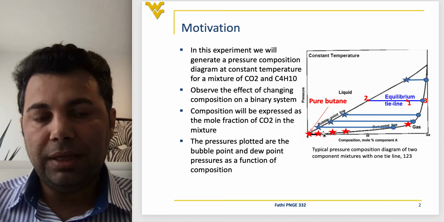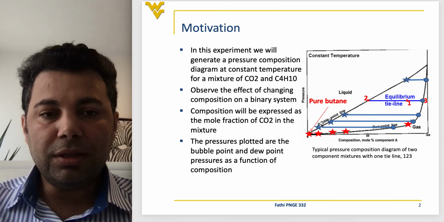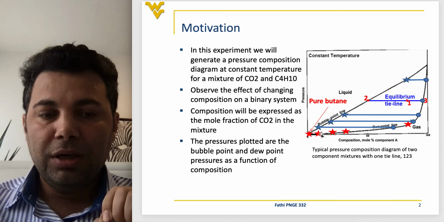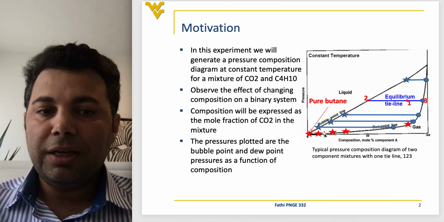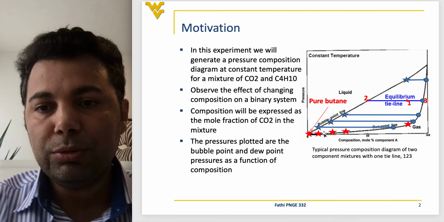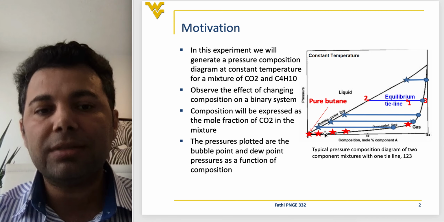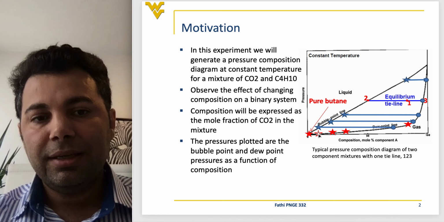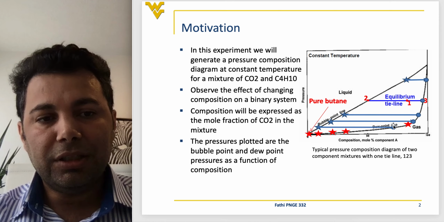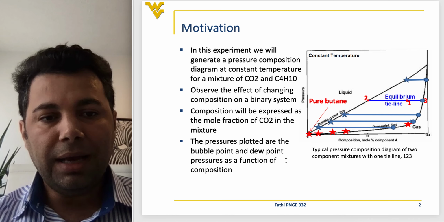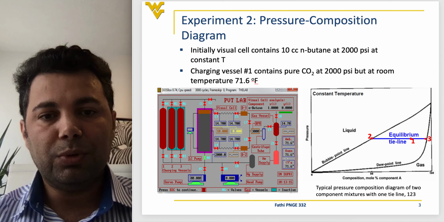Since it's not quantity dependent, I'm going to perform one experiment on a very small amount of mixture and try to find the dew point. Even with that small amount, I might not get the exact dew point, but I would get some point very close to it. I can use that as an indication of how the curvature of the dew point line would be in this region. As we do the experiment, this becomes more clear.